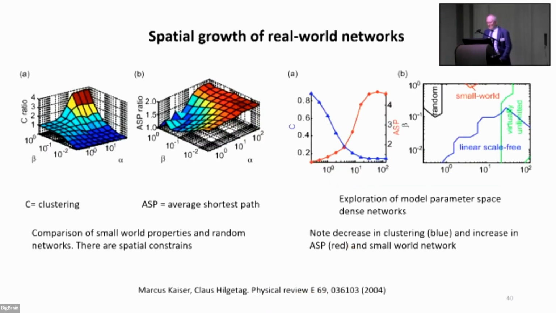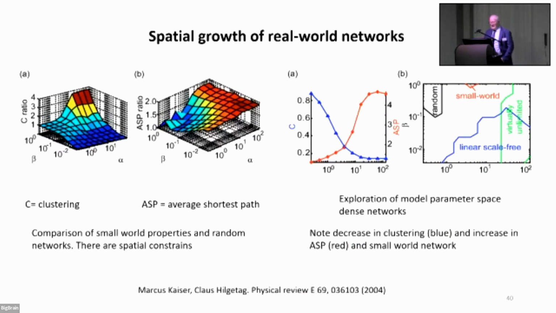And I was happy to see in the doctoral thesis of Claus Hilgetag that he was one of the first artificial intelligence people showing that for a real-world network, space constraint is crucial.